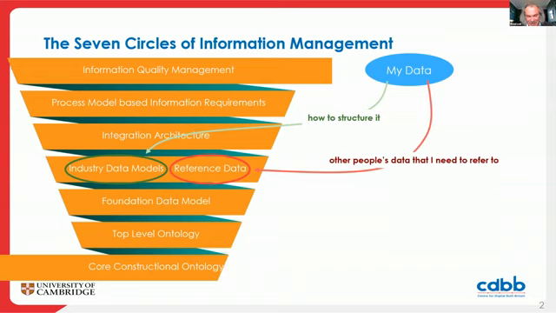Well, it gradually dawned on people that managing the magic strings was awful, and the concept of reference data was invented. It is data that other people define that I need to refer to. And as Ian said, a lot of this is classes, also types of things, types of properties, types of physical objects, types of activity.